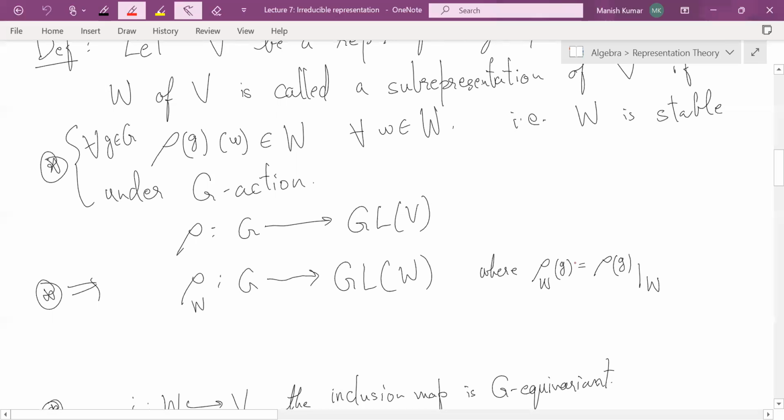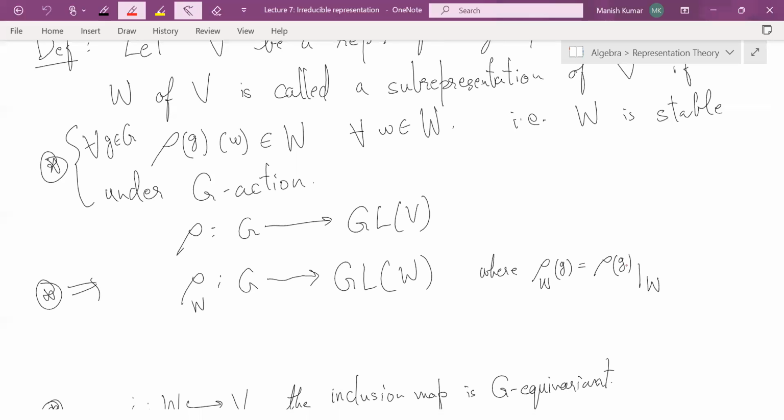Rho sub W of g is some element of GL(W). You just consider rho g and restrict it to W. If you want to write it in terms of matrices, it looks somewhat clumsy, because you'll have to worry about what basis you have started with. Of course, if you start with a basis of W and then extend it to V, then it will be nice. Then you just have to take this.